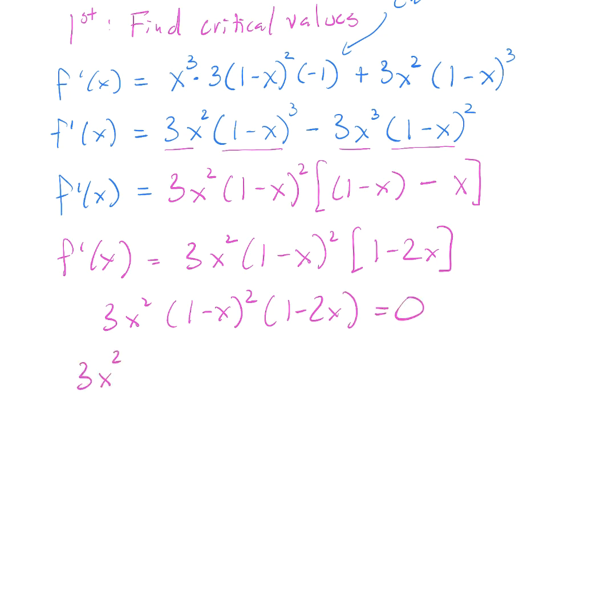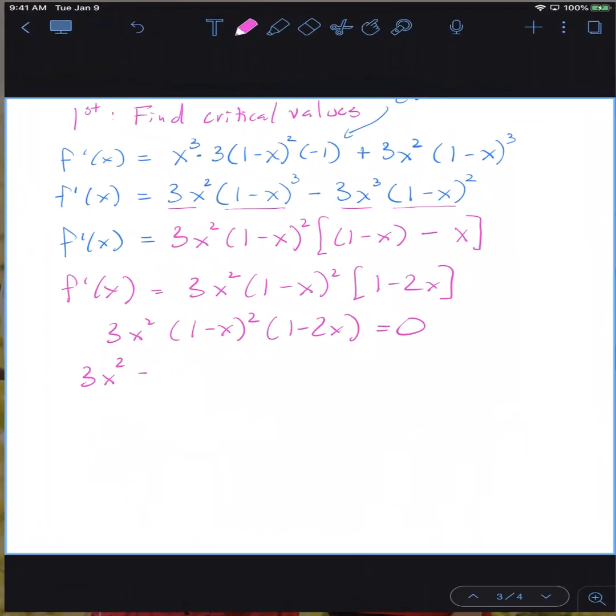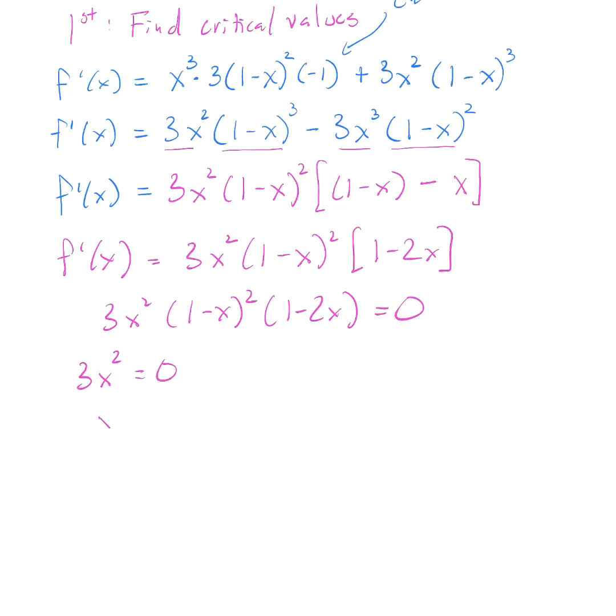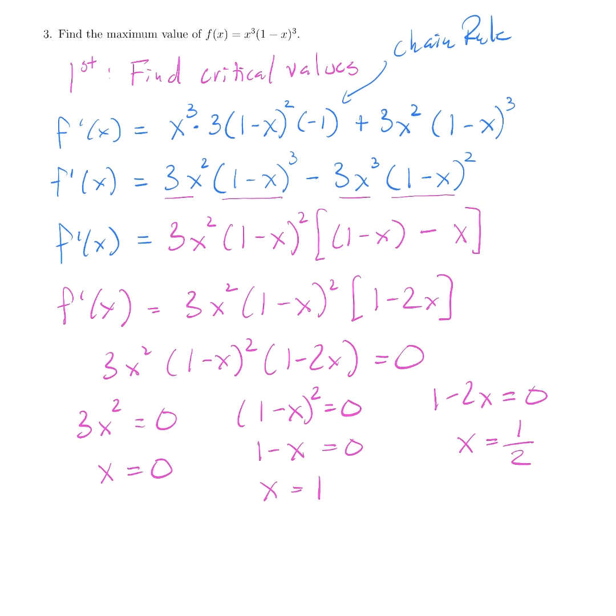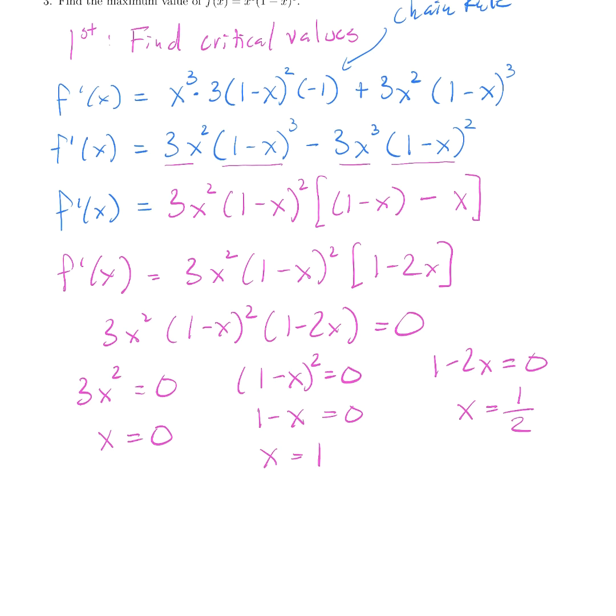So that's going to happen when 3x squared equals 0, which is when x equals 0. 1 minus x squared equals 0, that's when 1 minus x equals 0, or x equals 1. And finally, when 1 minus 2x equals 0, and that's going to be when x equals 1/2.